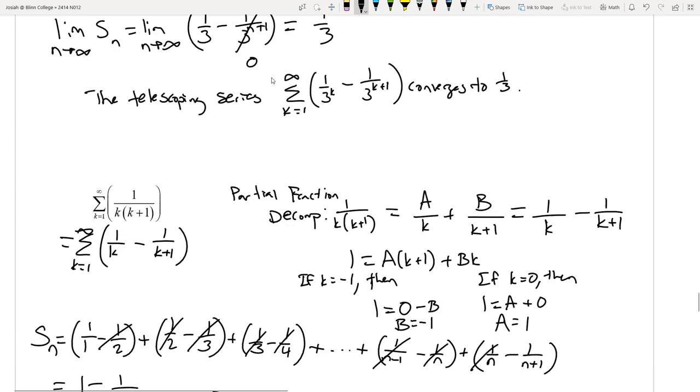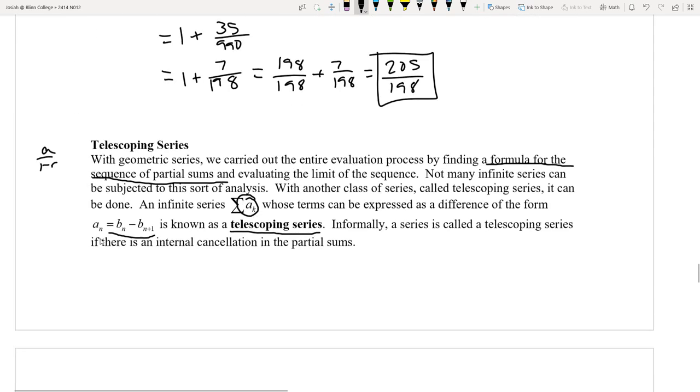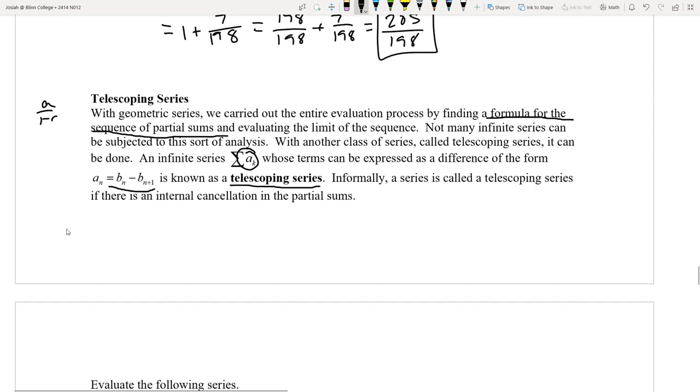We would like to usually have the later term minus the previous term. And so we'll go back up and observe our telescoping series, and then think about what happens if we have b sub n plus 1 minus b sub n. How do we get that? Well, if we take b sub n minus b sub n plus 1, that should be equal to a sub n, and we apply a negative to both sides, there we go.